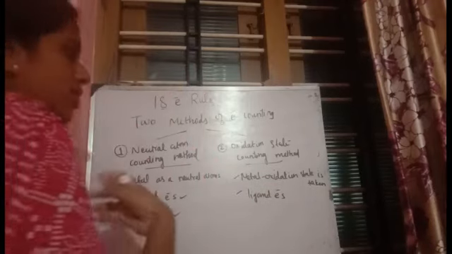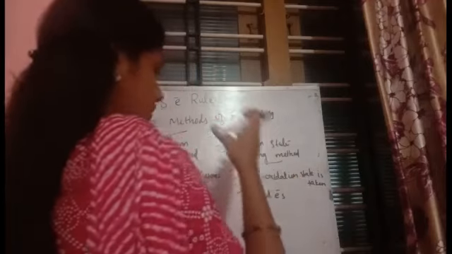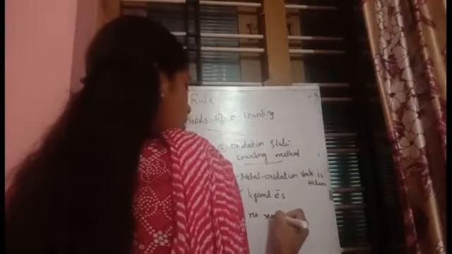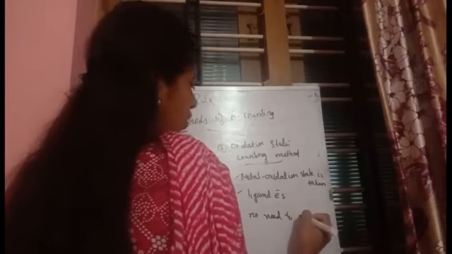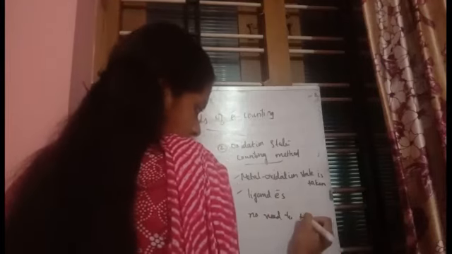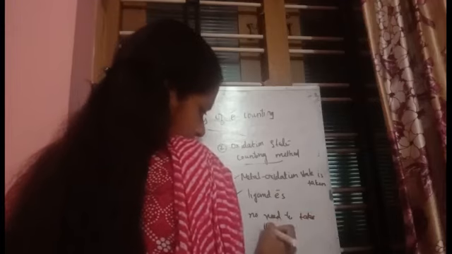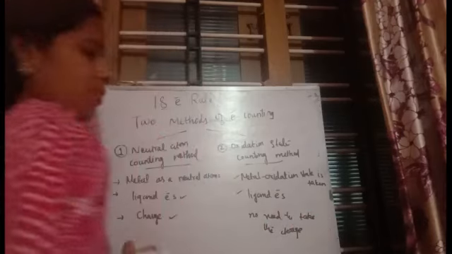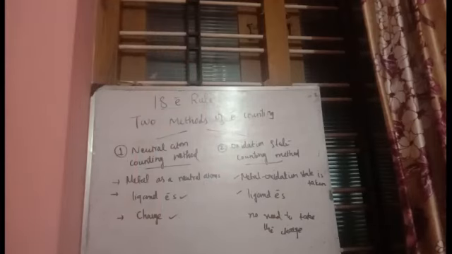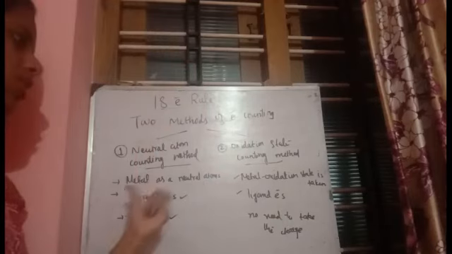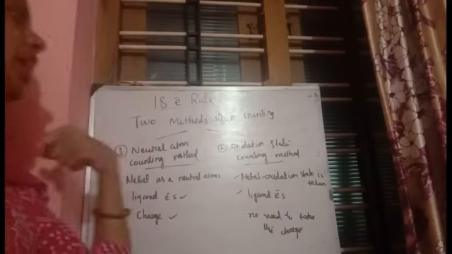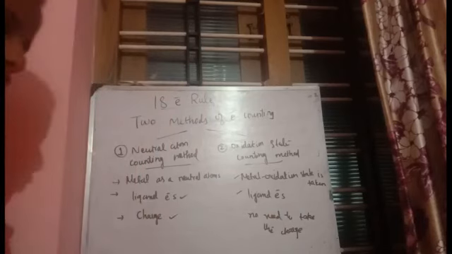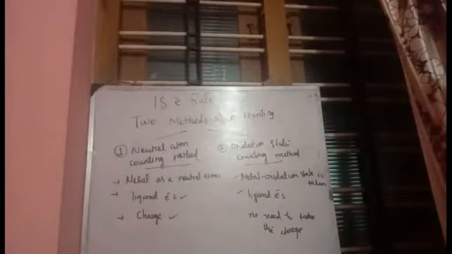And if you are taking the metal oxidation state, there is no need to count the charge on the species. So these are the two differences between these two methods, and when we move to the examples, it will be more clear to you. Okay, so let's practice some examples.